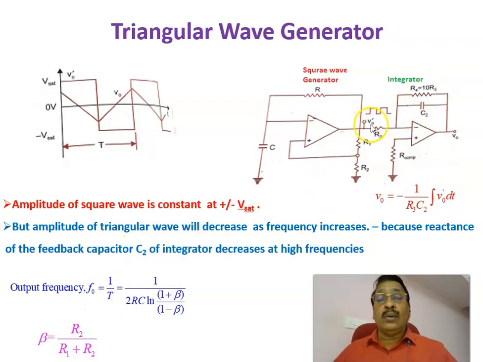This output of the square waveform you are giving to an integrator, in which the resistances are R3 and R4, and of course there is a feedback capacitor that is given here.